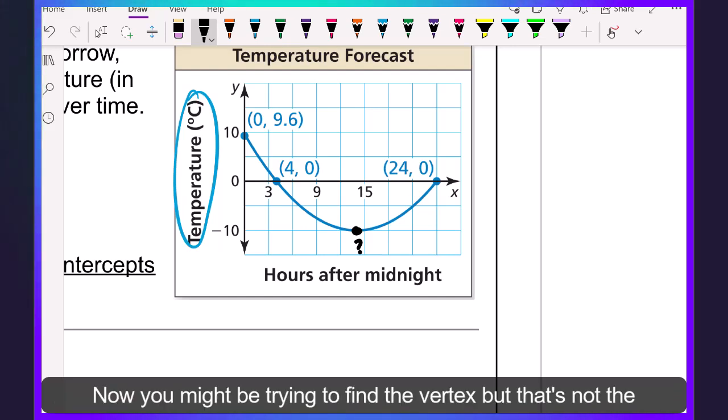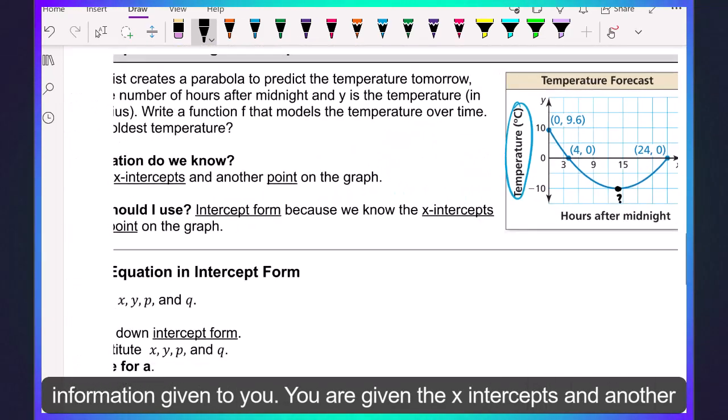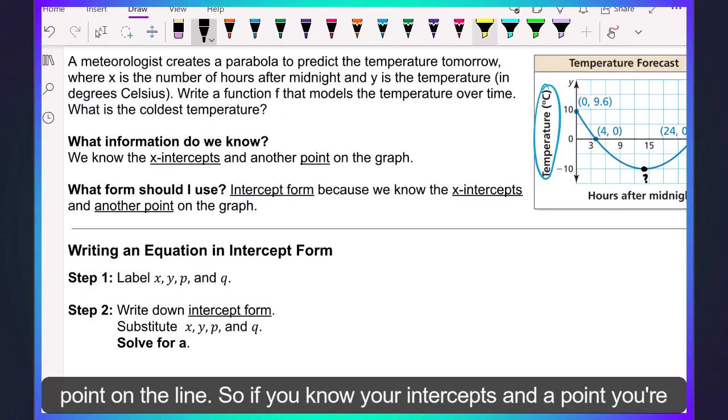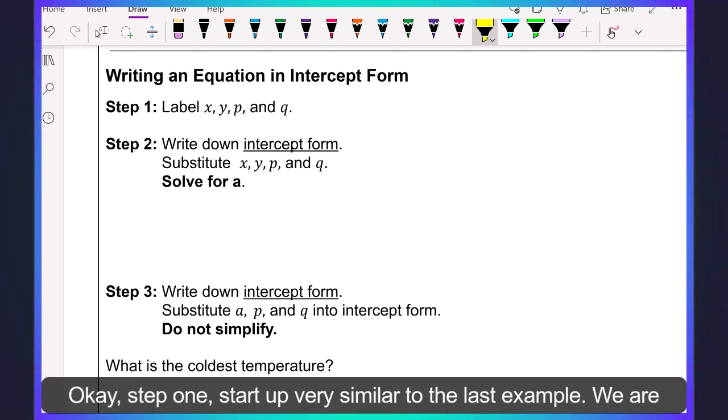Now, you might be trying to find the vertex, but that's not the information given to you. You are given the x-intercepts and another point on the line. So, if you know your intercepts and a point, you're going to use intercept form to write your function. Okay, step 1 starts out very similar to the last example.